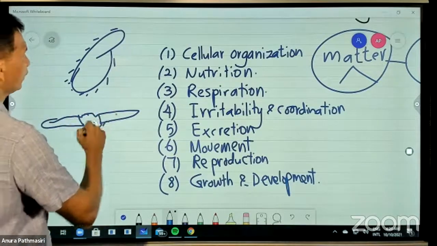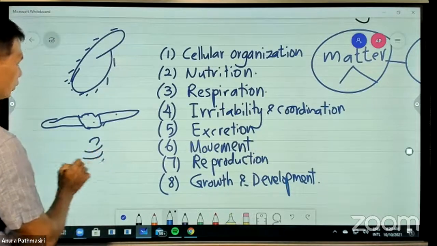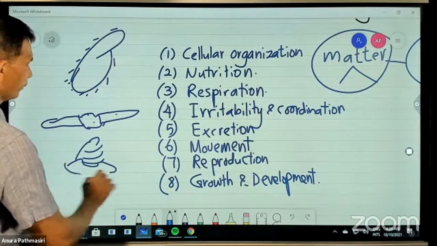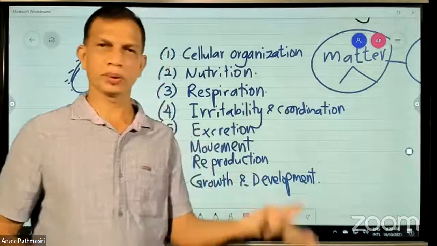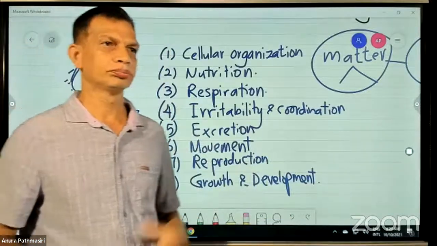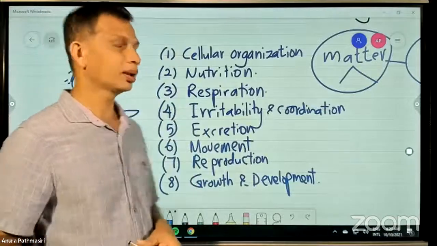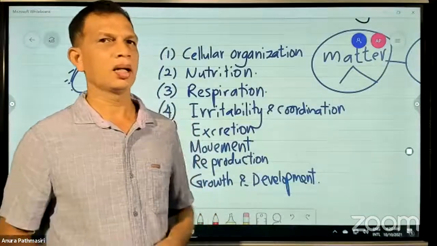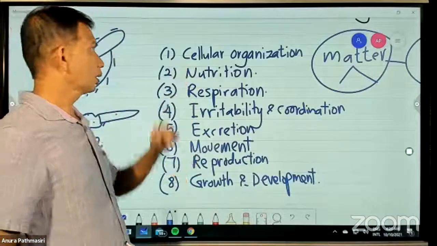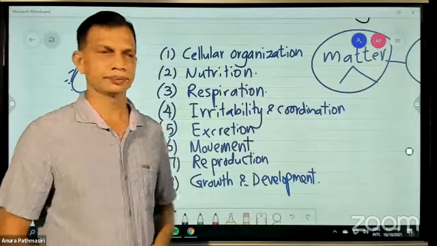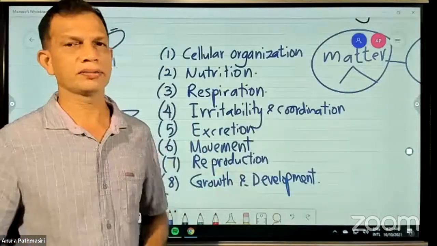It may be a plant, moss, sphagnum, or cycas, whatever it is, and it may be a bacterium. They are living organisms. They all do all those things. For cellular organization, there should be a cell. If there is no cell, there is no life.